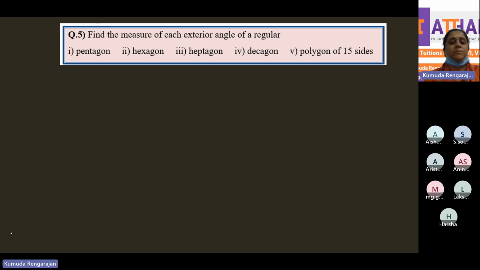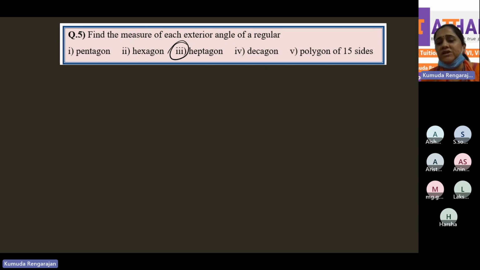What's the formula for each exterior angle of a regular heptagon? We know that the sum of all the exterior angles of any polygon is always 360 degrees.